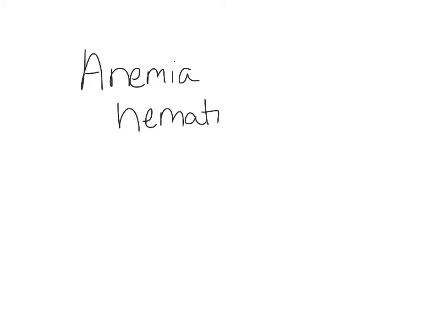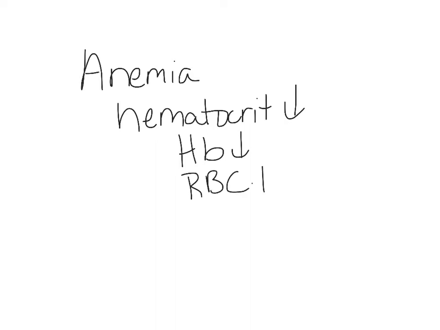Briefly, anemia. We did briefly talk about this. Whenever the hematocrit is low, that's called anemia. Anemia can be caused from a number of different things. Maybe your hemoglobin levels are low. Maybe your red blood cell levels are low. That's hematocrit, if the red blood cell levels are low. Okay, that's an anemia.